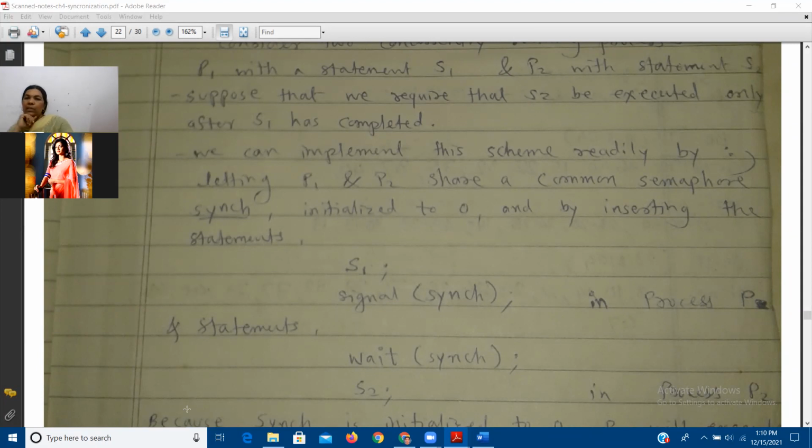We can implement this scheme readily by letting P1 and P2 share a common semaphore synch initialized to 0, and by inserting the statements S1; signal(synch); in process P1 and statements wait(synch); S2; in process P2.